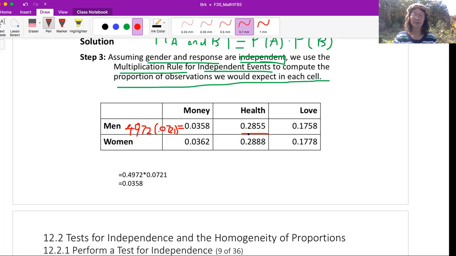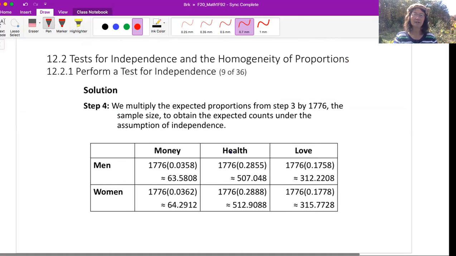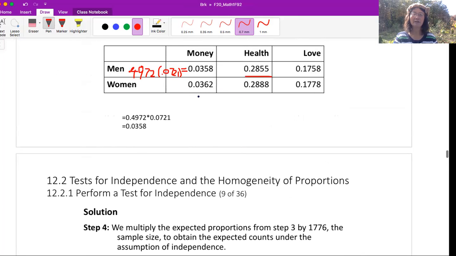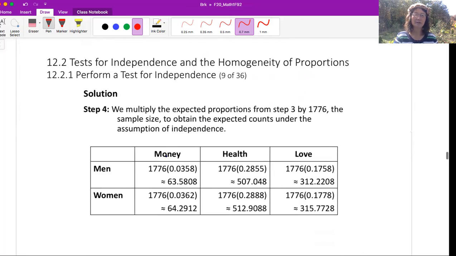Once we get all the numbers, this is the expected frequency, and we use the total number, 1776, times the expected frequency, and we'll get 63.58. So this is how we calculate expected counts.